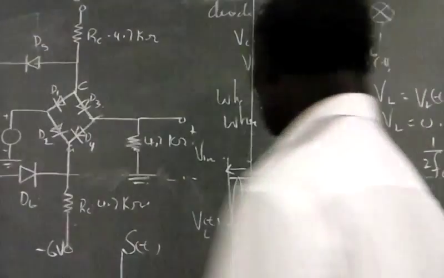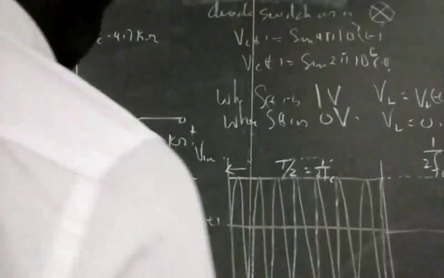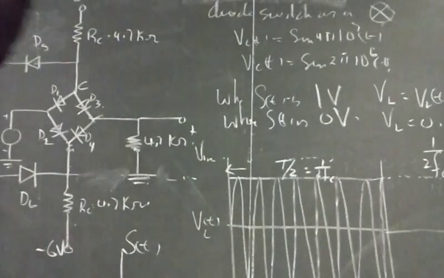And since S of t is periodic, it can be represented as a Fourier series. Let's write down the Fourier series here.